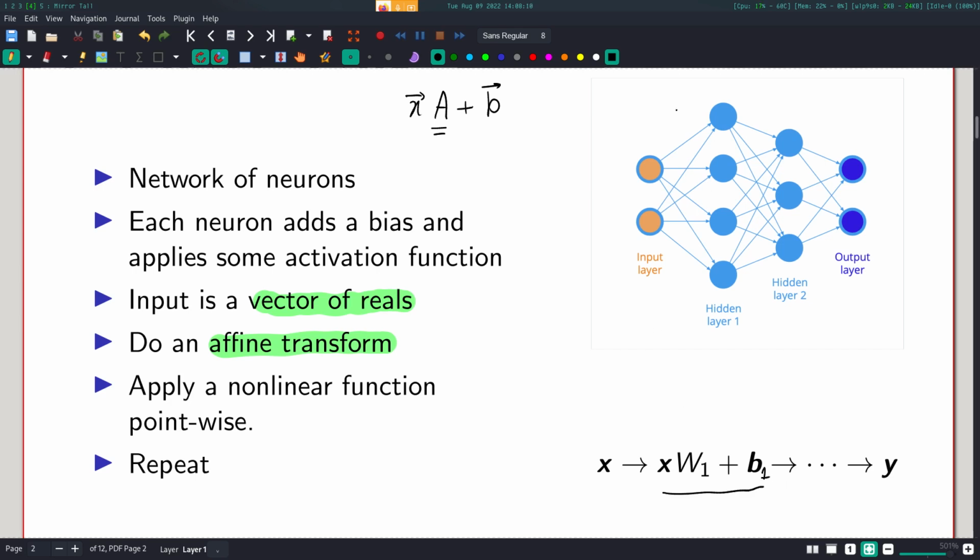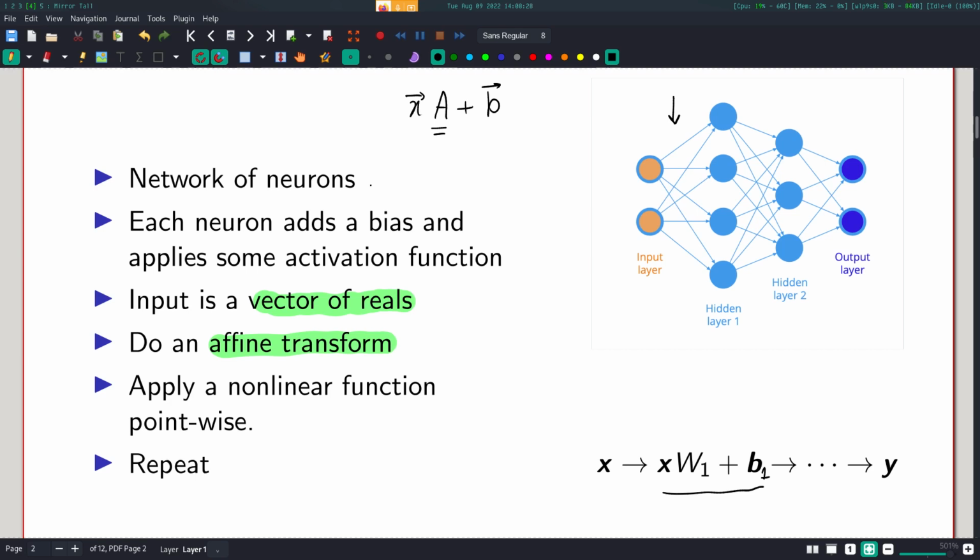So in each layer we are doing an affine transform, which is this multiplication by weights and adding of bias. All of this can be packaged together into an affine transform, and then we piecewise apply some nonlinear function, right?